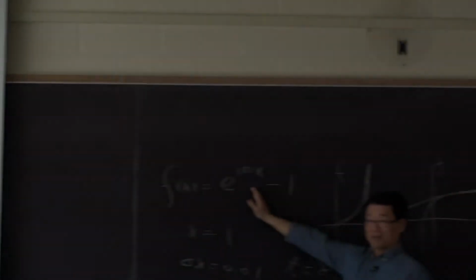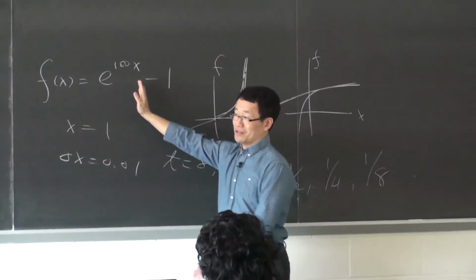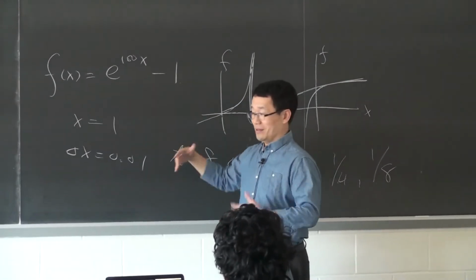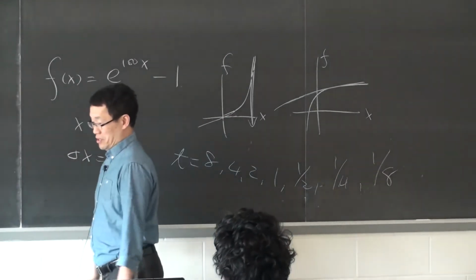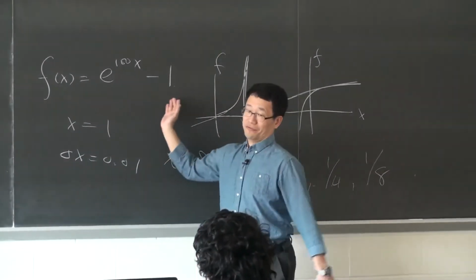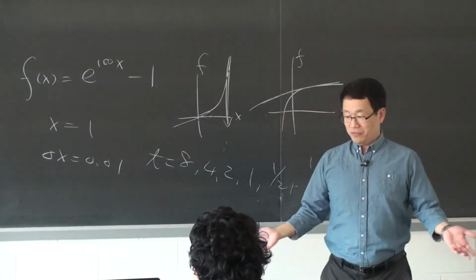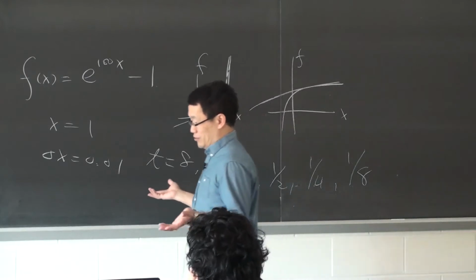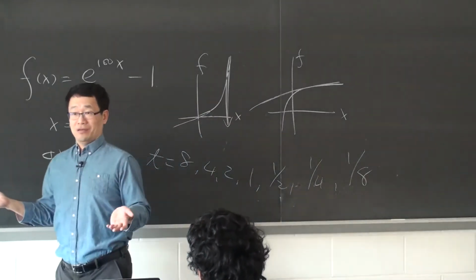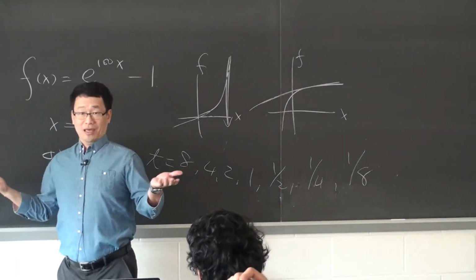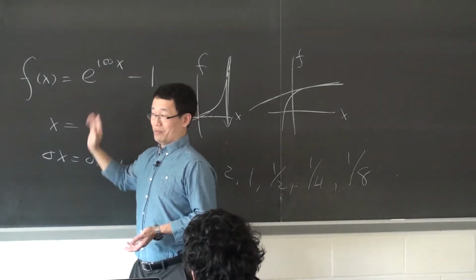This is not a strange function. Even in first order chemistry, you will encounter these kinds of functions, where the reaction energy is on the order of 2 eV and the thermal energy is 25 millivolts. That happens, and then this kind of function will appear.